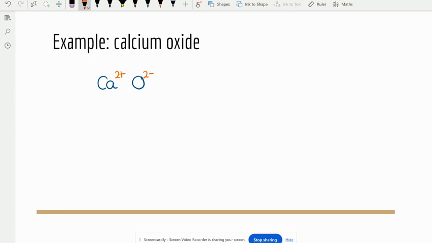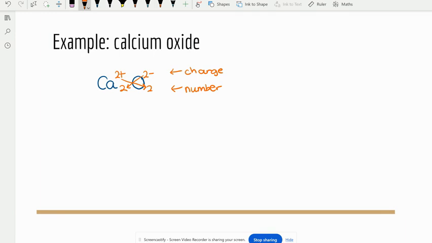Let's crisscross. So 2 and 2. Again, the top is a charge and the bottom is a number of atoms. And you might also notice when I write the numbers, I don't bring the plus and the negative with it.